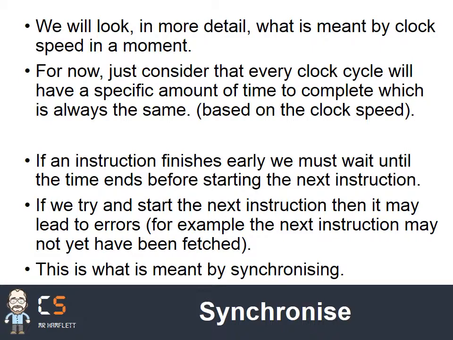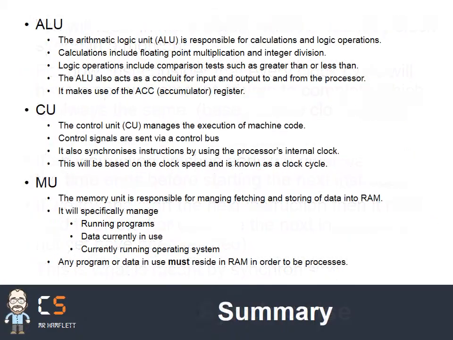So I might not have yet fetched the next instruction to run. And if I've not fetched that next instruction and I try to run it, it's going to go a bit wrong. So it's really important that we synchronize and have every instruction last the exact amount of time. Some instructions might take 2 or more clock cycles. That's fine. We're allowed to take more clock cycles, but we're not allowed to take less time than a clock cycle. So when we say synchronizing, that's essentially what we're talking about.